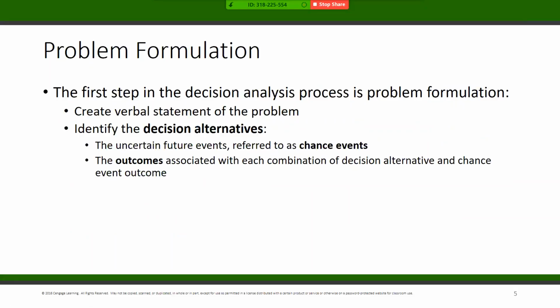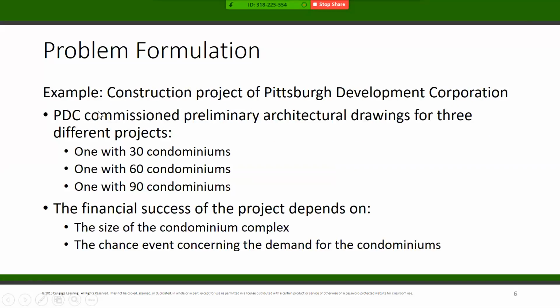Now we're going to create verbal statements of the problem, and then we're going to identify the decision alternatives, the uncertain future events referred to as chance events, and the outcomes associated with each combination of decision alternative and chance event outcome.